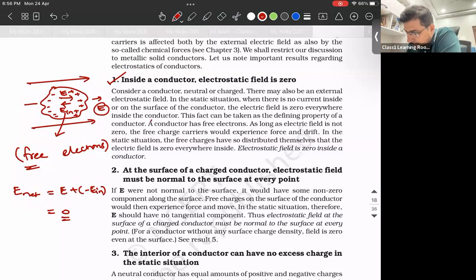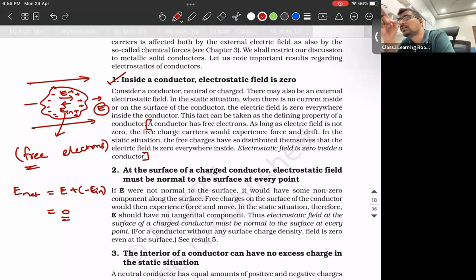This is the statement which is given in your textbook. You can underline this part. A conductor has free electrons. As long as the electric field is not 0, the free charge carriers, the free electrons which are present inside the conductor, would start experiencing a force in the leftward direction. They get drifted to the left.